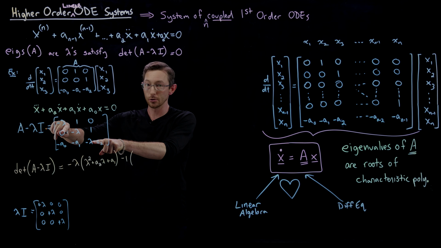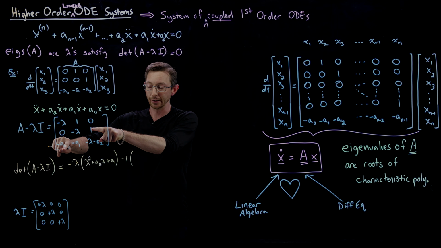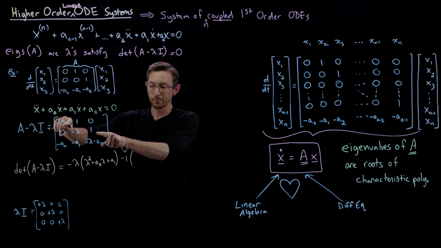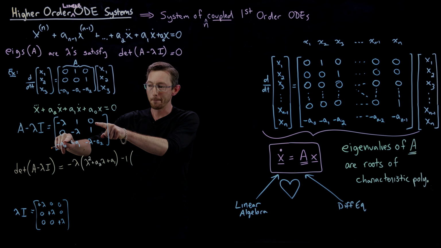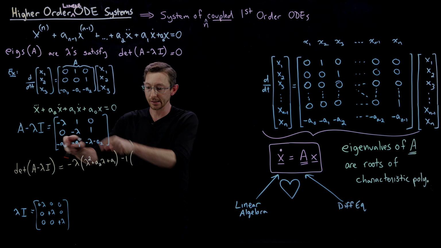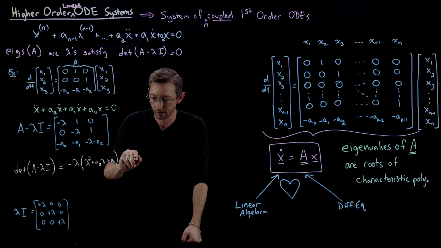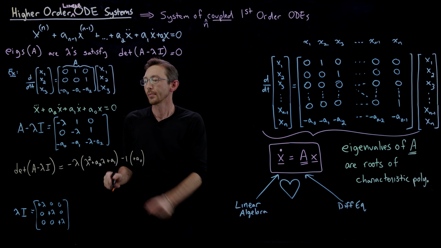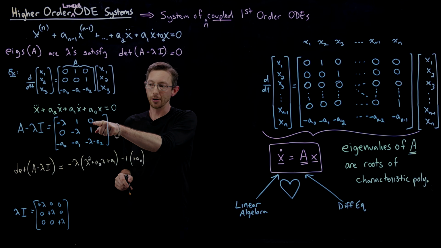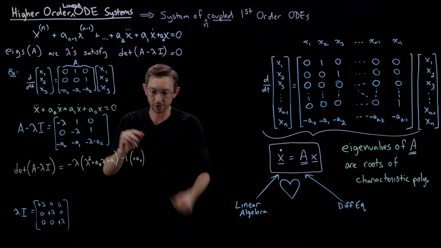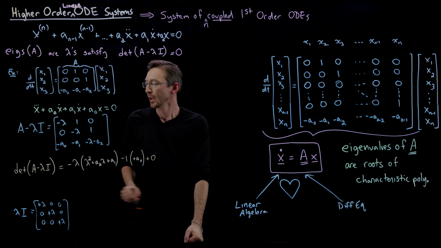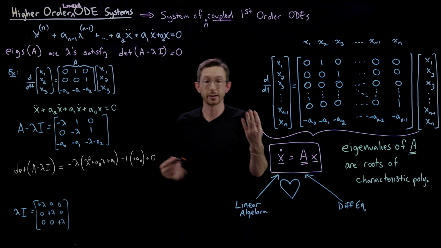So these two multiplied together minus these two multiplied together, and that's 0 minus A0, which is plus A0. And then we also have to add 0 times the determinant of this subblock, but that's just 0, so plus 0. Okay, so that's all the terms for the determinant.